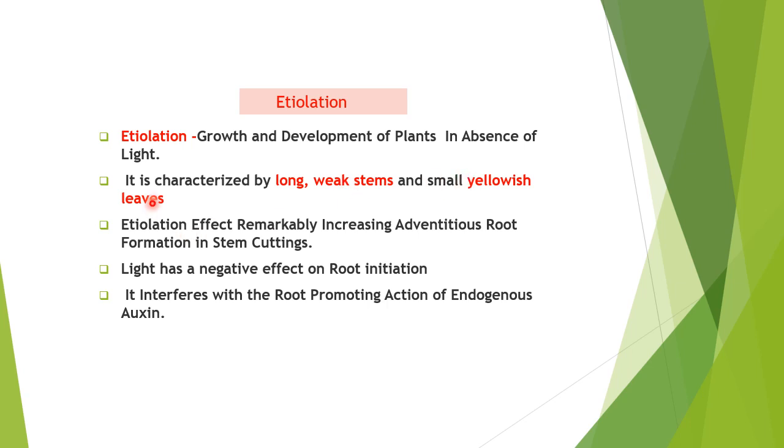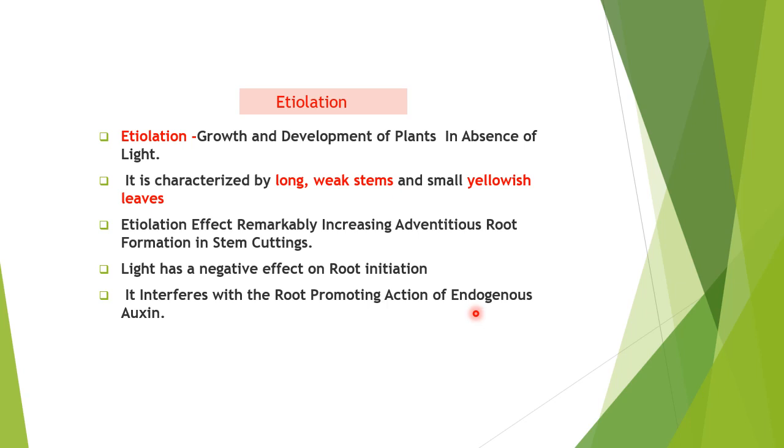Where you are growing the plants away from the light, the etiolation effect remarkably increases adventitious root formation in stem cuttings. That means there is a relationship between the light and something going on with the stem cutting, that is, its hormone concentration. Light has a negative effect on root initiation. It interferes with the root promoting action of endogenous auxins.